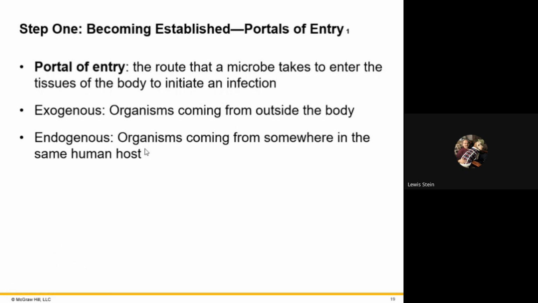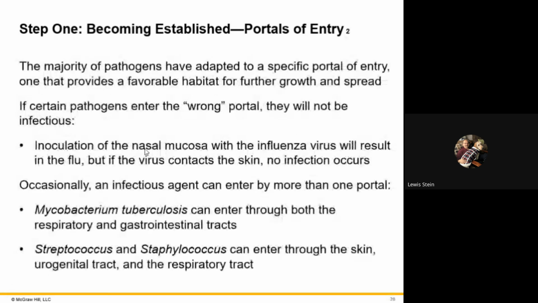And there are some things that really bear commenting on. Most of these agents, most of the organisms, or viruses for that matter, so pathogens is probably a better generic term, have a specific portal of entry that's favorable for them to grow in. Okay, this is true, but requires clarification.